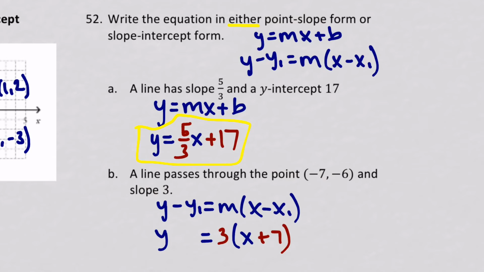Negative 7 goes here. There's minus right there. So minus negative 7 will become plus 7. And then on the left side of the equation, minus y sub 1, think minus negative 6, so that will give you plus 6. And there you go. That's your point slope form.